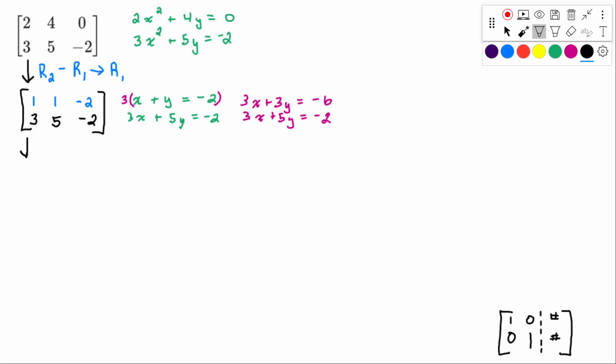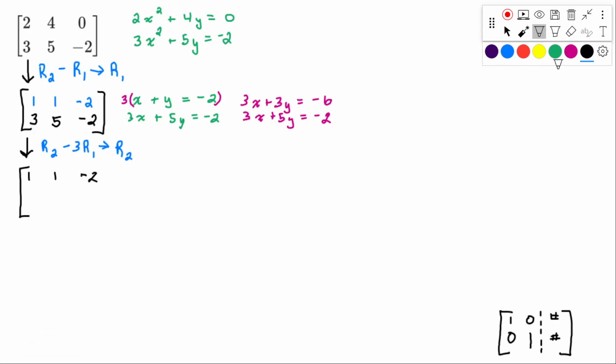So we're going to take row 2, that 3x plus 5y equal to -2, and we're going to subtract 3 times row 1, and this is going to go into the row 2 position in our matrix. So for now, that first row is going to stay 1, 1, -2.